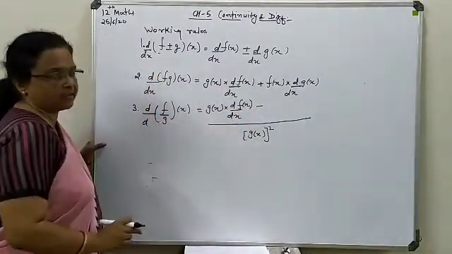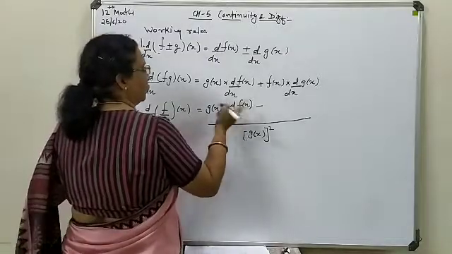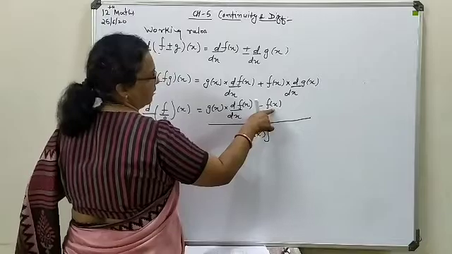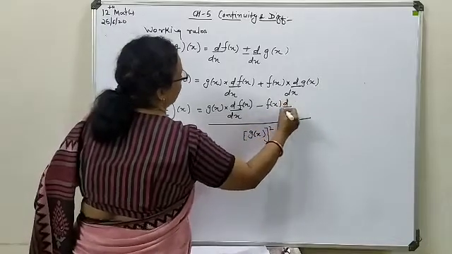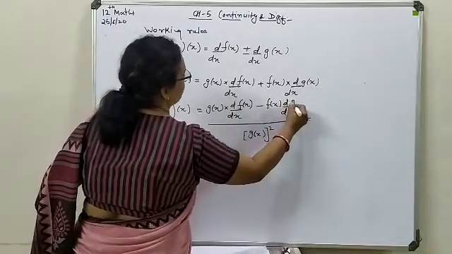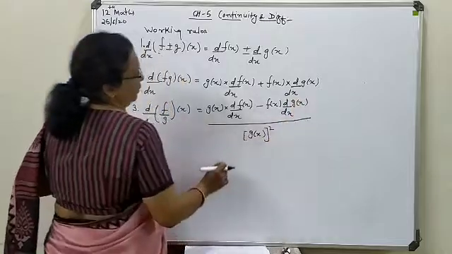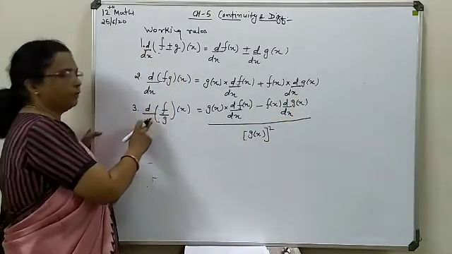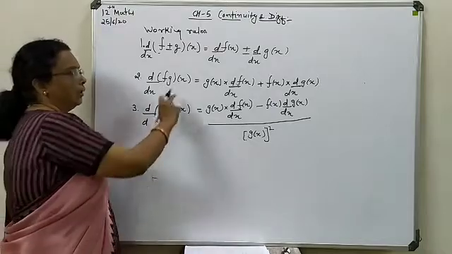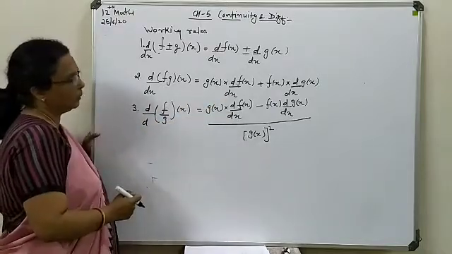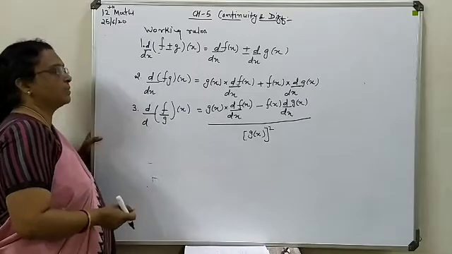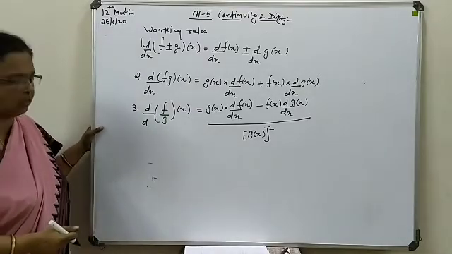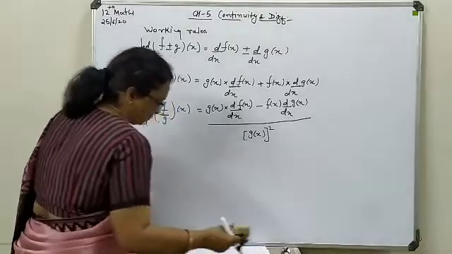In between, minus is compulsory. Now reverse order: the numerator function you will write as a multiplier, followed by the differentiation of the denominator. So this way, if your terms are available in fractional form, your derivative will come out. These are the basic rules you have to follow while writing the derivative of any function.